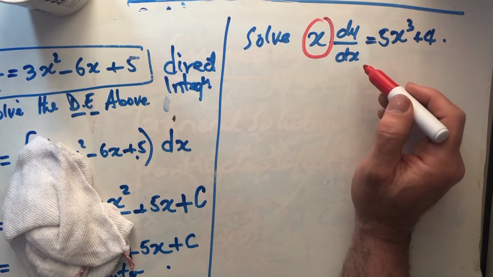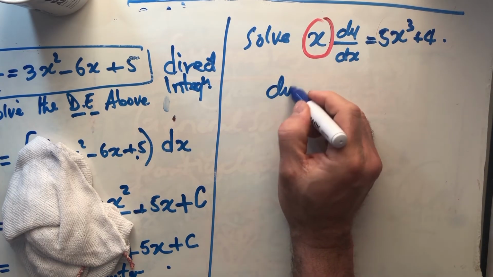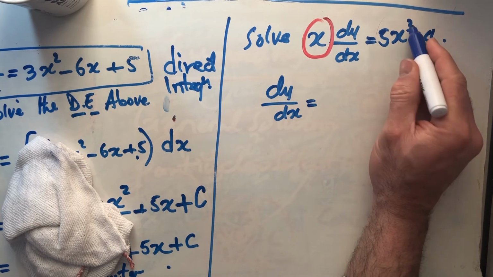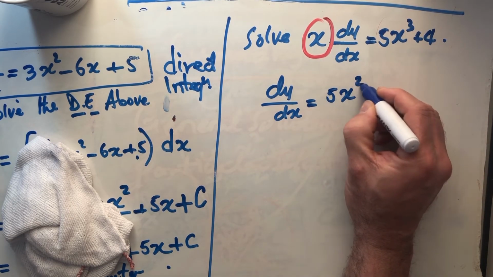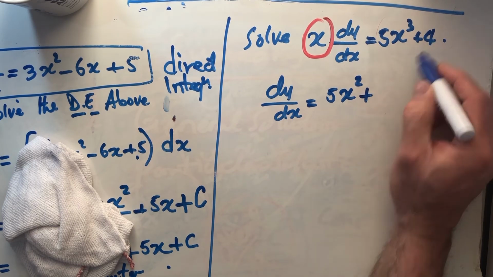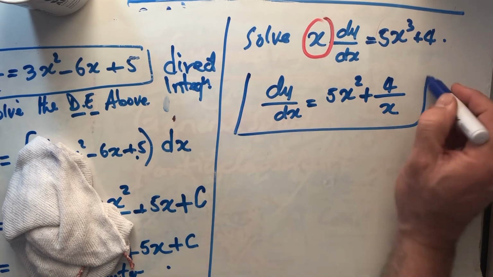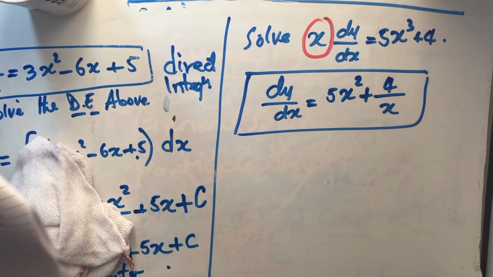Divide each term by x. So if we divide by x, you're going to have dy/dx equal to 5x cubed divided by x, which becomes 5x squared, plus 4 divided by x. So we rearranged the equation so that we can integrate it using direct integration.